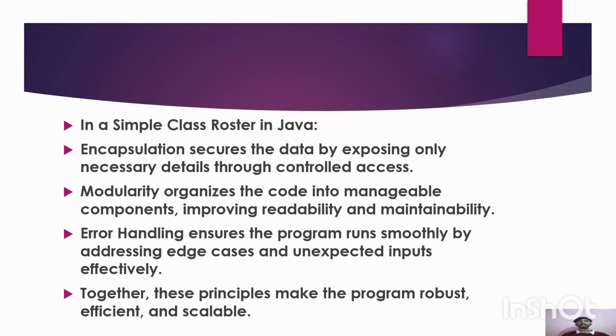In a simple class roster in Java, encapsulation secures the data by exposing only necessary details through controlled access. Modularity organizes the code into manageable components, improving readability and maintainability. Together, these principles make the program robust, efficient, and scalable.